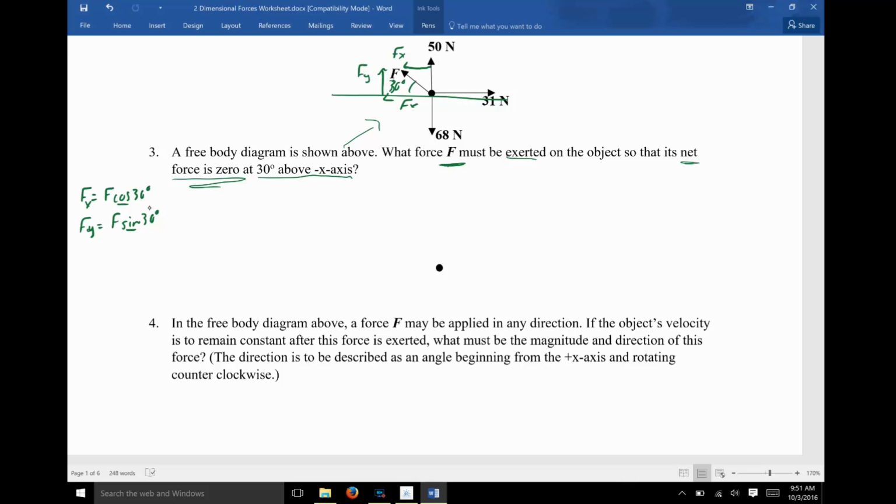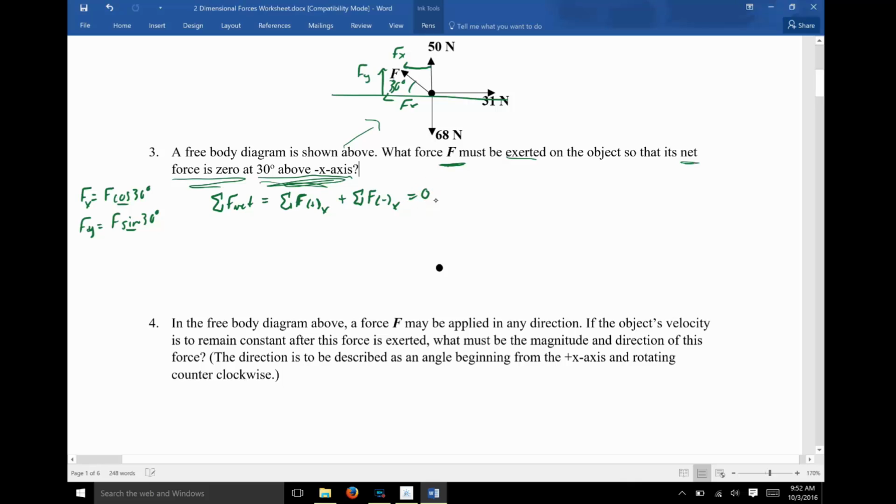Okay, so we wrote down the direction, and we must meet the condition. The condition says that the net force must be 0. So that means that the sum of all forces in the positive x direction plus the sum of all forces in the negative x direction must equal 0.